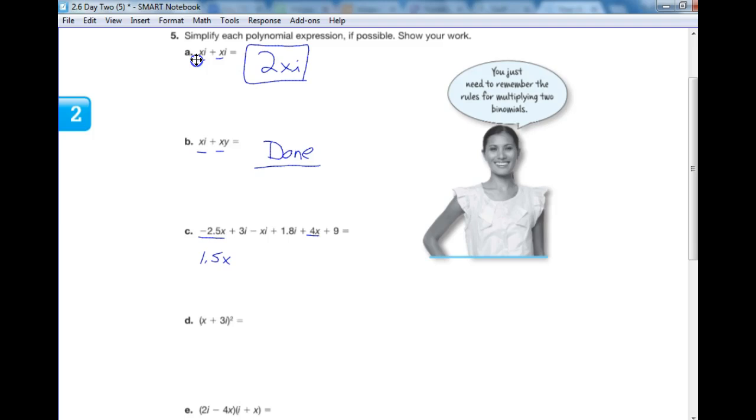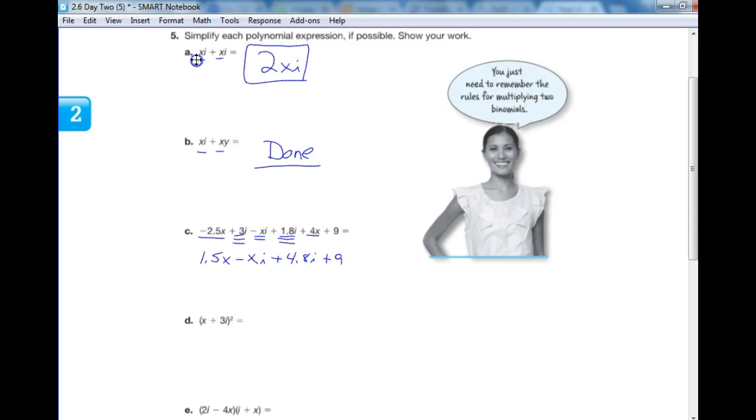So the next thing is I would find all of my xi's. Is that my only xi? So then I would say minus xi. Now I don't have any more x's left. I default to collect my i's. There's a 3i. There's a 1.8i. That gives me 4.8 i's and my rogue plus 9.